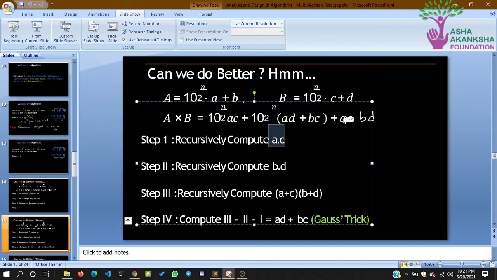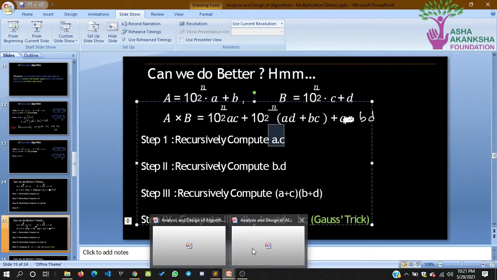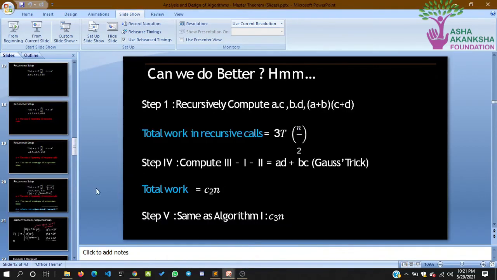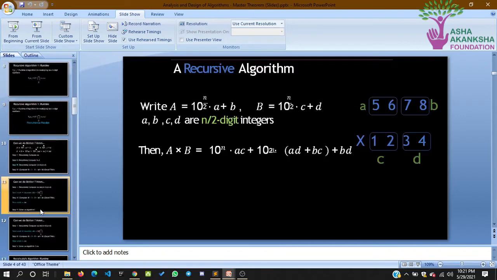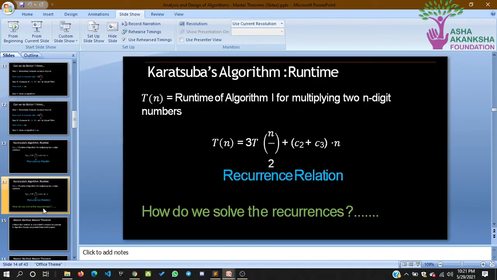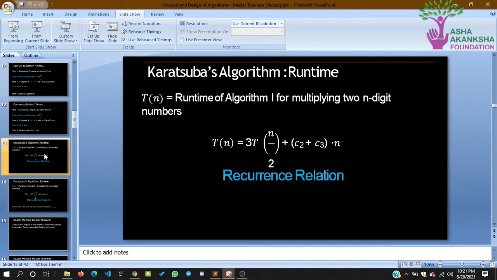Now you just have to append n zeros in front of AC, n by 2 zeros in front of AD plus BC, and no zeros in front of BD. After calculating that, you can simply get A into B.